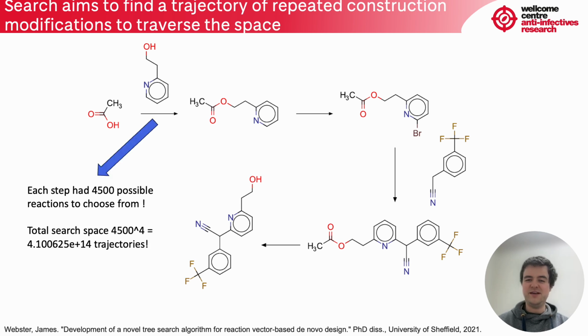But one of the key things to keep in mind with search, and this is really the challenge of search, is each possible choice that we have at each stage can be our entire total of reaction transformations in this example, or the number of fragments in our fragment library, or the number of atoms or different types of atom-based transformations we can apply. In this case we had 4,500 possible reactions to choose from, which led to a trajectory of 1 in 4,500 to the power of 4.